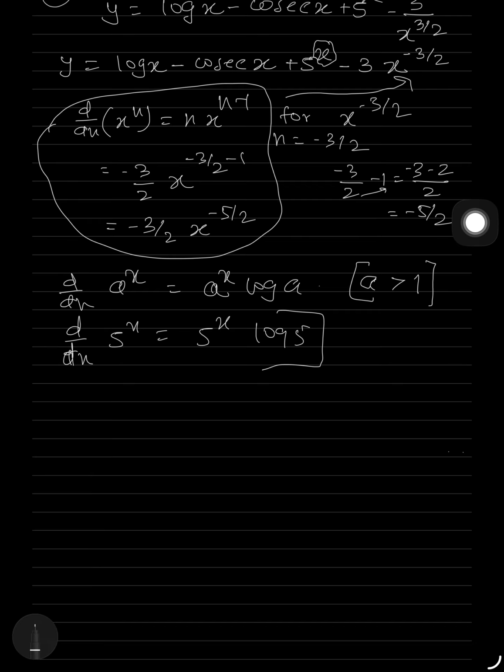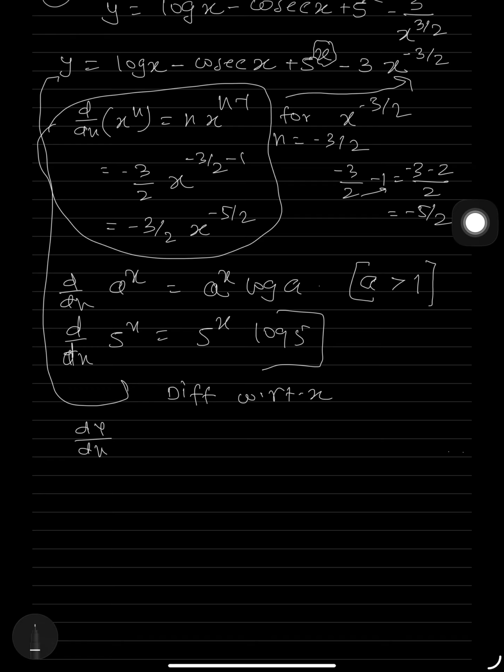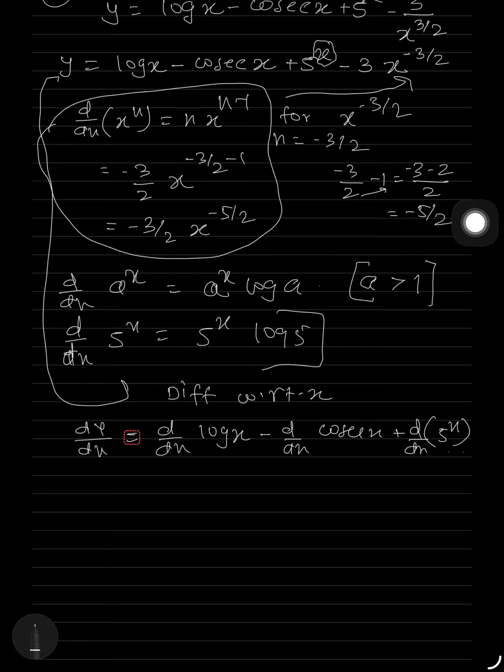So we have found the values of the two terms. From here onwards, differentiating with respect to x, dy by dx is equal to d by dx of log x minus d by dx of cosec x plus d by dx of 5 raised to x.